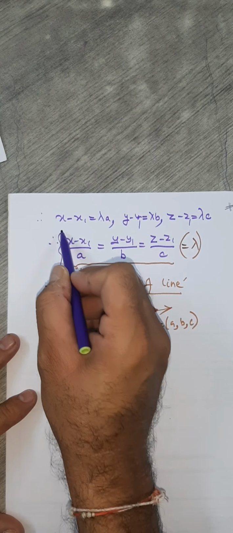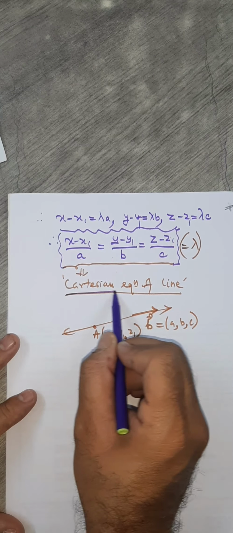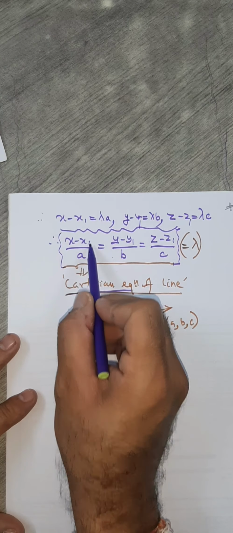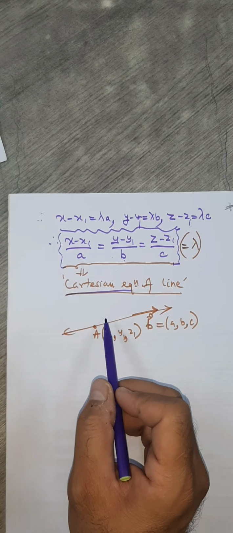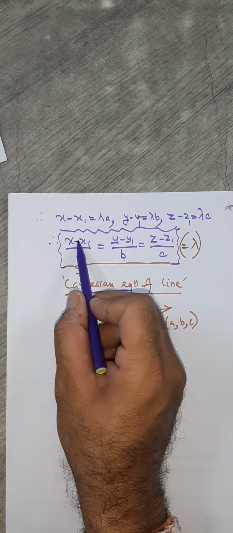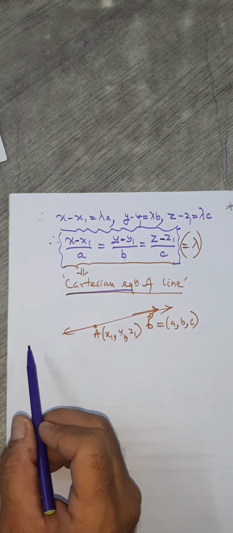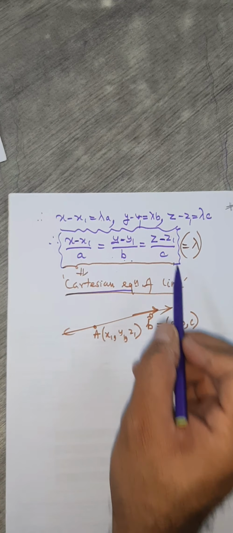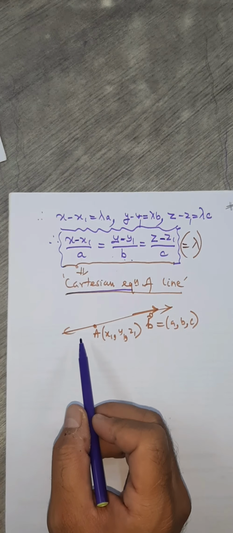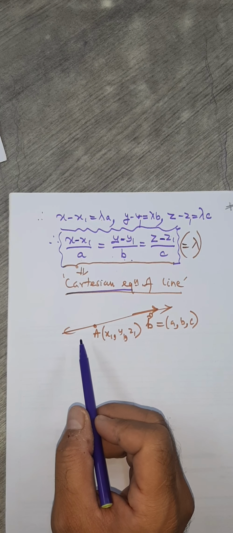So this is a very well-known standard form of a line, which is in the Cartesian coordinates form: x minus x1 by a equals y minus y1 by b equals z minus z1 by c. Always you have a minus sign here, remember. And what about this a, b, c? As I told you, that's nothing but the components of the direction of the line, or a vector parallel to the direction of the line.